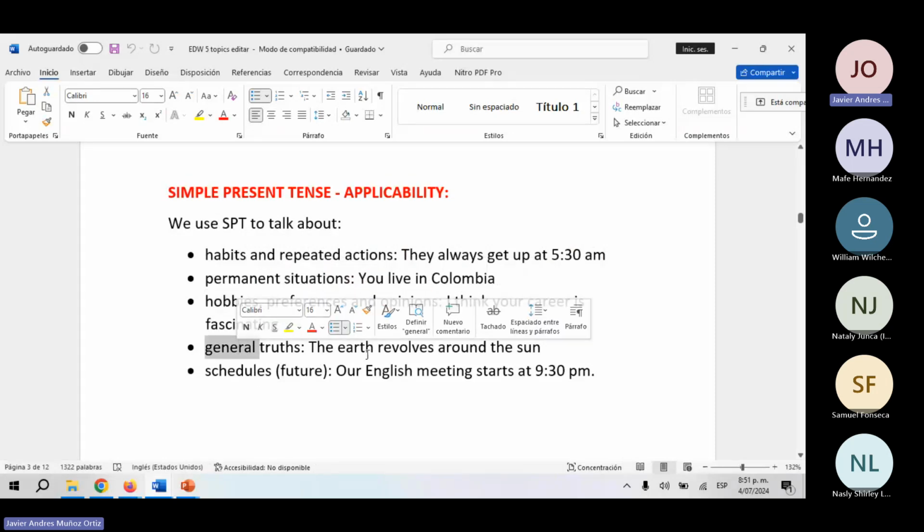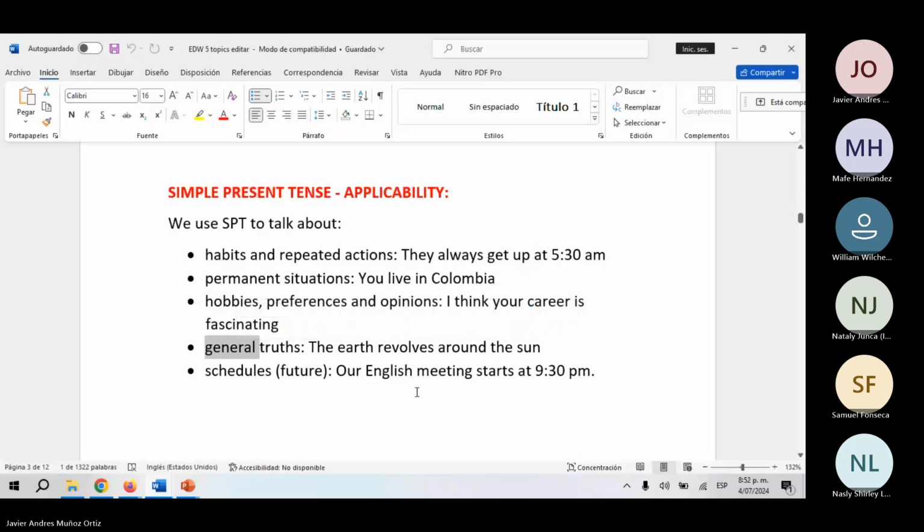Fourth situation, for general truths. Something that is acceptable, real, true, here in Brazil, in Canada, in Mongolia, in Conchinchina, right? By the way, Conchinchina, interesting word. Está de aquí hasta la Conchinchina.